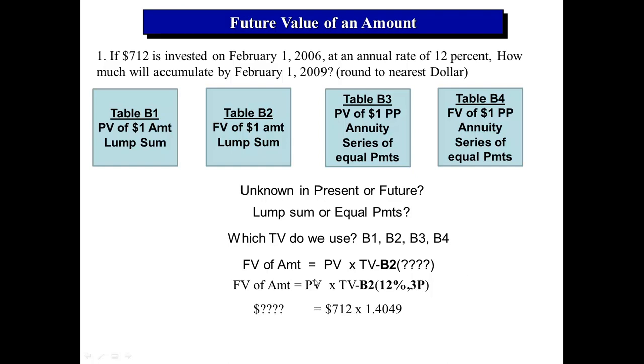The present value, which is today, is $712, and if you look up the table, 12% for 3 periods on the future value of an amount table is 1.4049. When you multiply these together, that means that 3 years from now, if you can earn 12% interest on $712, it's going to be worth $1,000.